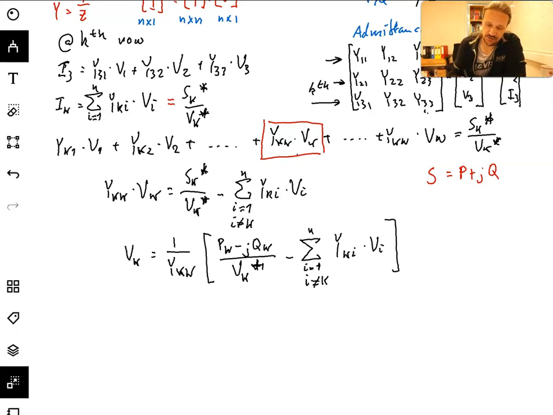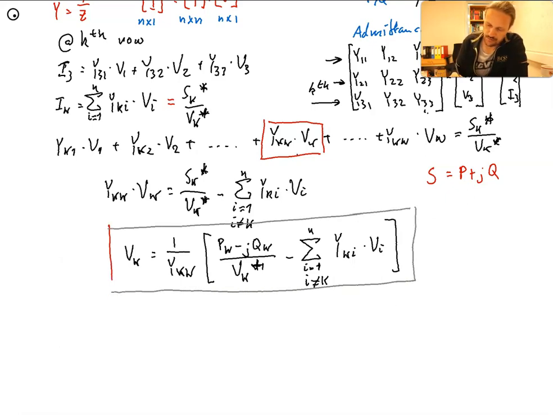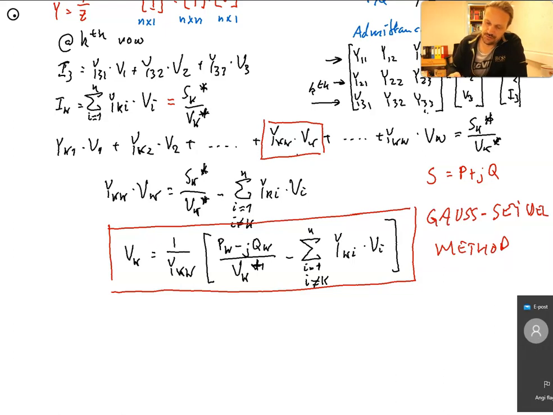So this one here is then useful for our first method, which is then Gauss-Seidel. So we're going to go into the numeric expression of that in a while.